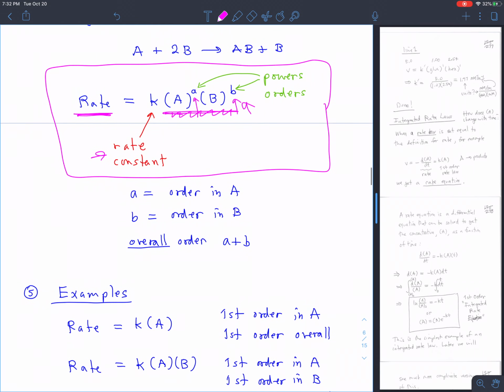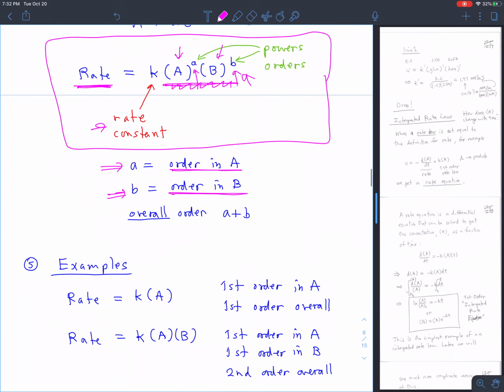All right, so a rate constant and some powers, that's what determines the nature of the power law. The power that goes with reactant A is called the order of the rate law in A. The power that goes with reactant B is the order in B. And then there's an overall order, which is just the sum of the two powers.